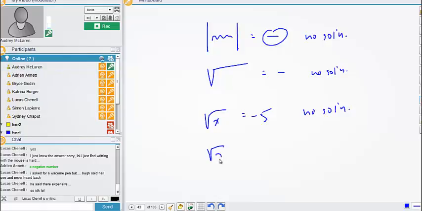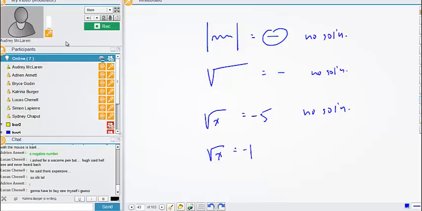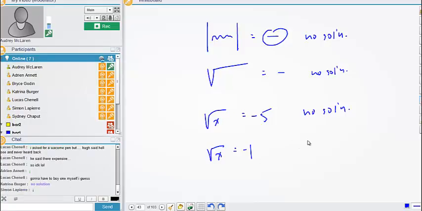If I said to you square root of x is -1, what would the answer to that be? Yes, it would be the imaginary number that only exists in Barney's imagination land. But in our course, yeah, no solution.